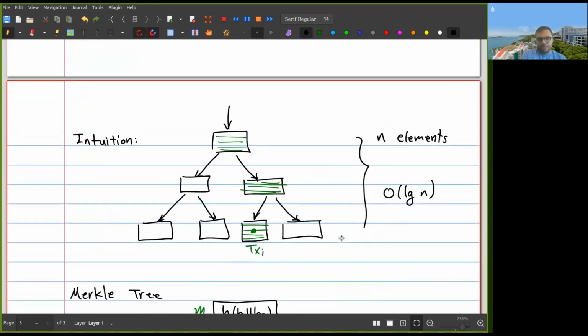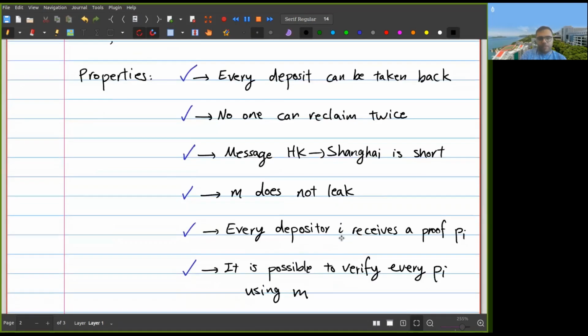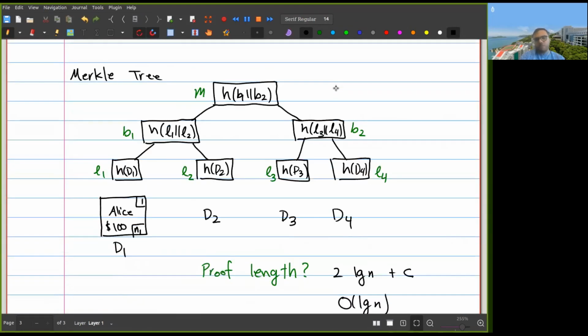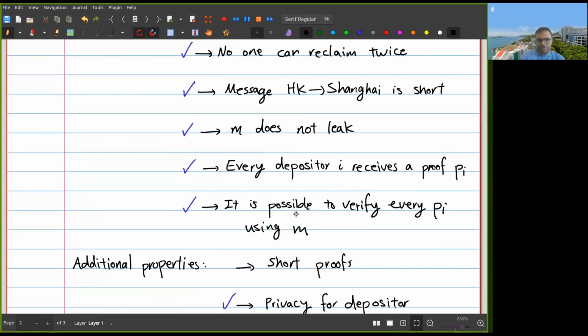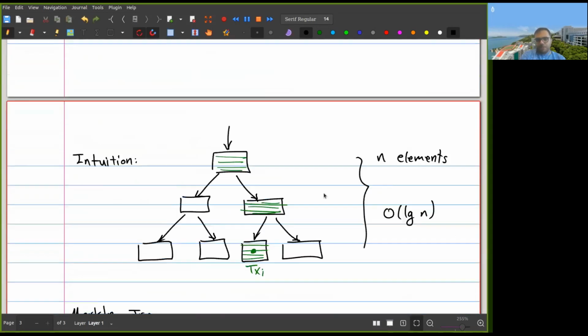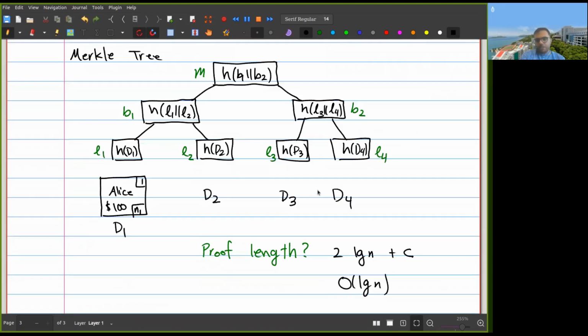Nice. So now let's just check that we have all the properties. First of all, every deposit can be taken back because every deposit can be proven. You can prove the existence of a deposit that was actually in the tree. And we talked so much about how to prove it, so yes, we can do that. Again, to make sure that no one can reclaim twice, the Shanghai branch can just keep track of all the deposits that are already paid back.